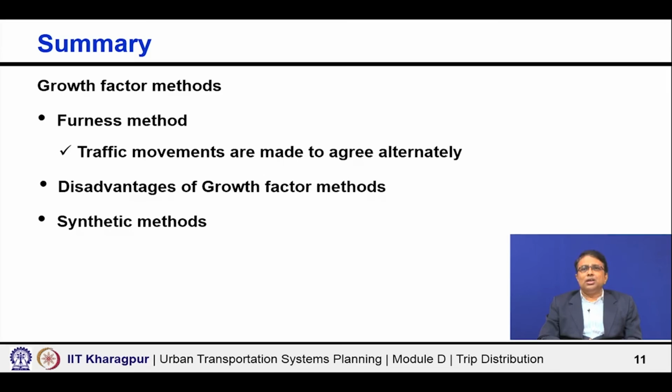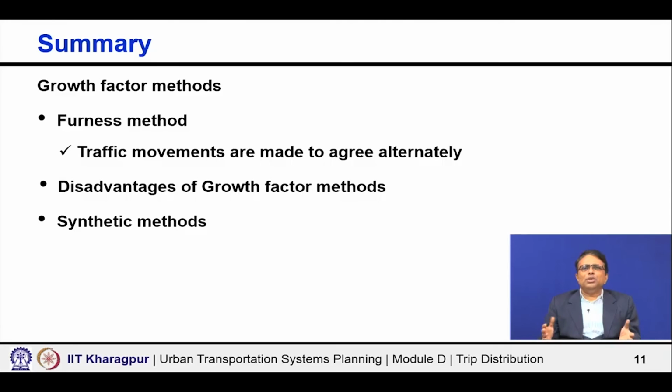We do not consider the properties of the transportation network, and we said that always somebody has to give you the Tij value, then only you can apply a multiplier to update it, and there is no really physical significance or meaning to these factors, except that people come up with different techniques or different ways of doing some kind of adjustment of the numbers.